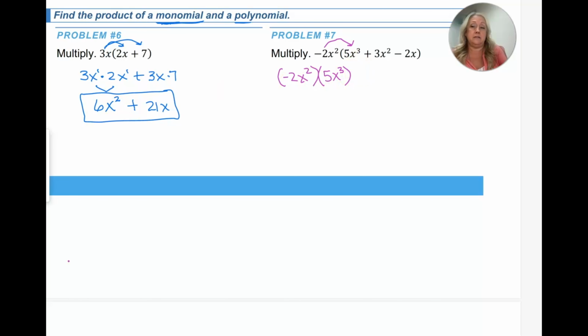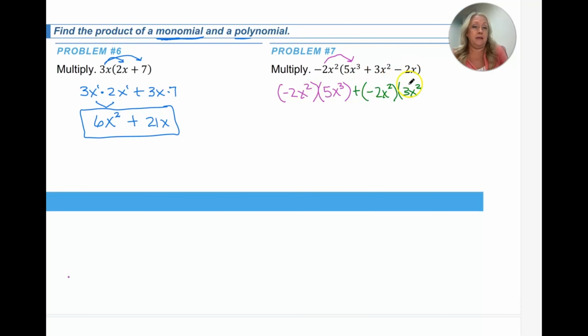All right, and then let's look at the next one here. I'm going to have plus negative 2x squared times 3x squared. And we've got negative 2x squared, and we need to multiply it by negative 2x.